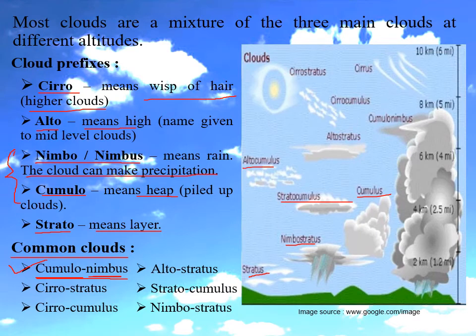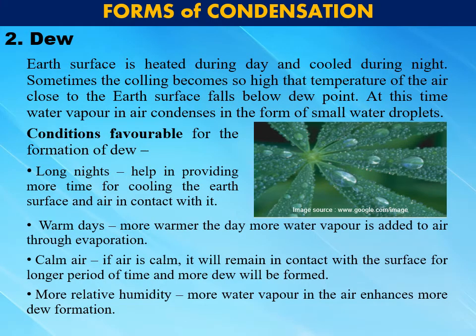The second form of condensation that takes place in nature is dew. Now, Earth's surface, after receiving insolation, is heated during daytime, and during night time, when there is no supply of incoming solar radiation, the surface of Earth becomes cooler. Sometimes the cooling becomes so high during night time that the temperature of air close to the Earth's surface falls below dew point.